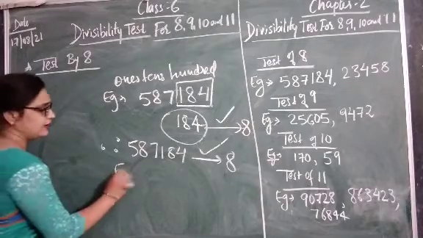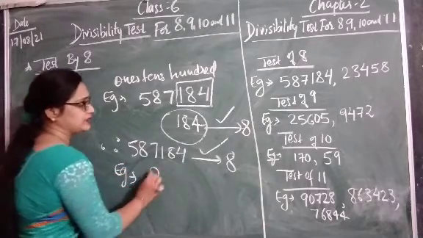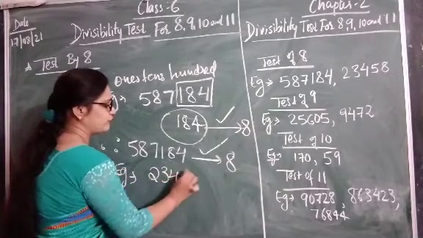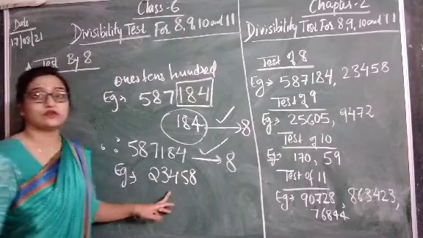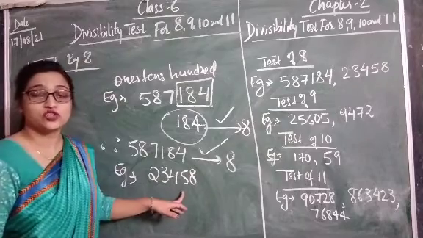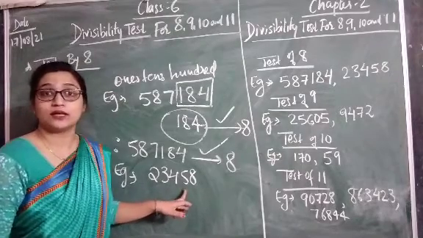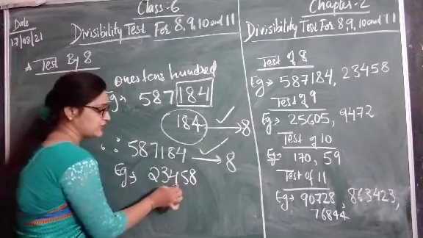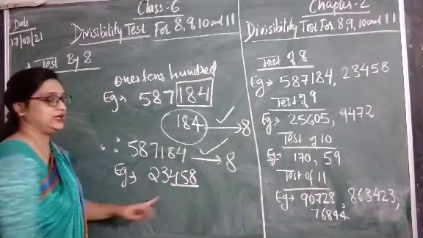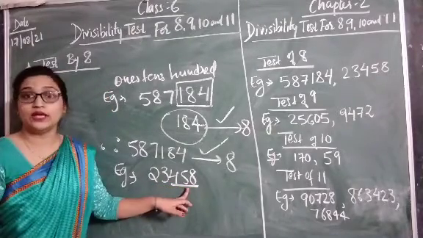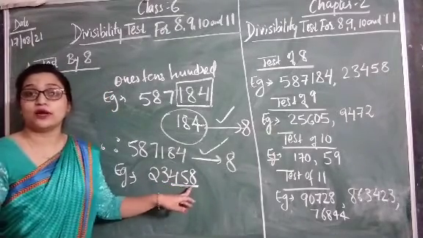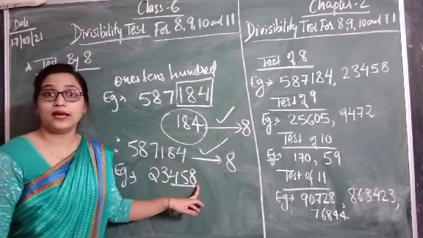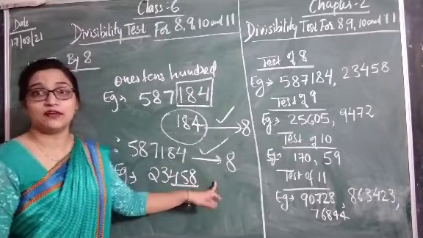587184, is also divisible by 8. Let us consider another example, that is 23458. Here also we have to do the same. Just observe the digit formed in its 100, tens and ones place, that is 458. Okay, when you divide this 458 by 8, remainder will be left.